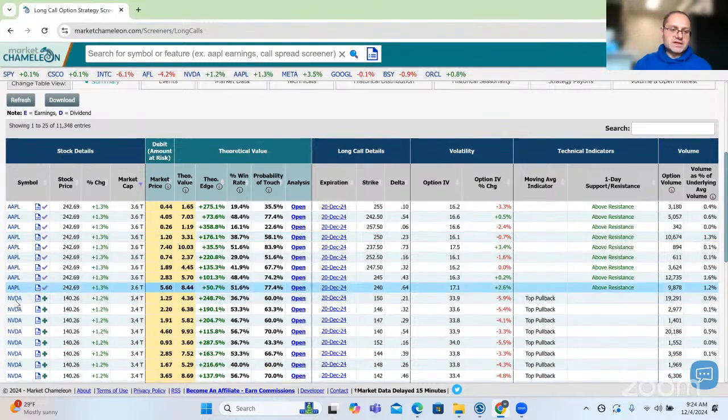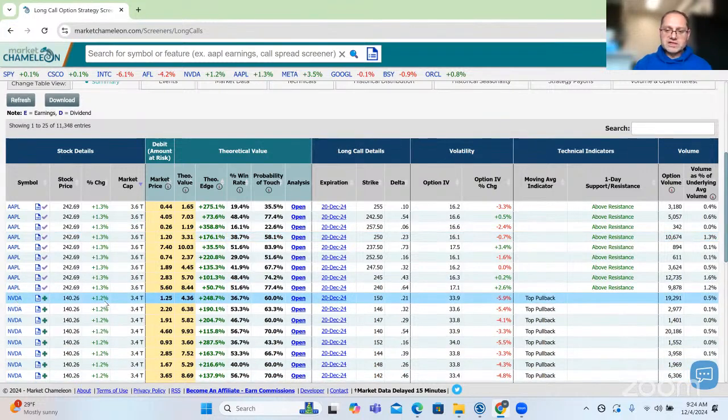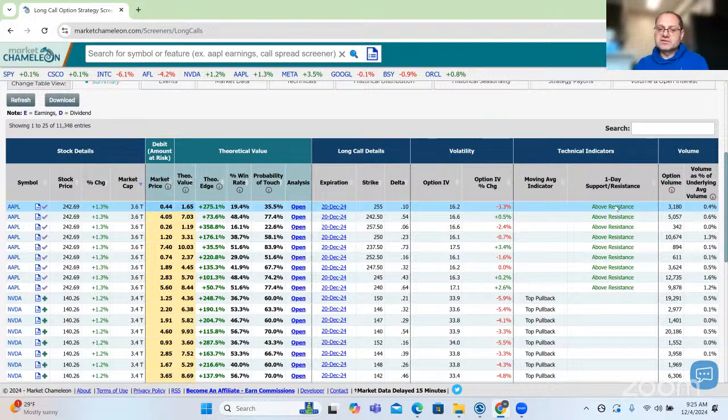So for example, NVIDIA was up 1.2% yesterday, but it traded within its expected standard deviation up and down, right? So within its volatility band. It didn't break out either way, okay? Apple did break out above its volatility band yesterday. That's why it says above resistance.